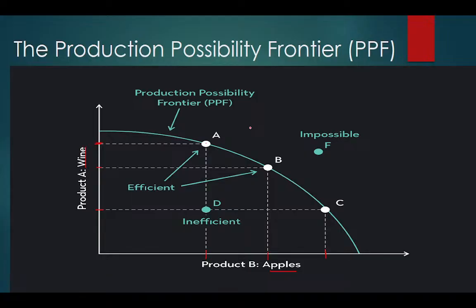Since this is a Cartesian plane, one of the limitations of a PPF curve is that it considers only two commodities. But apart from the Euclidean space, the Cartesian plane that we are used to, we can also consider other spaces that allow various higher dimensionalities.